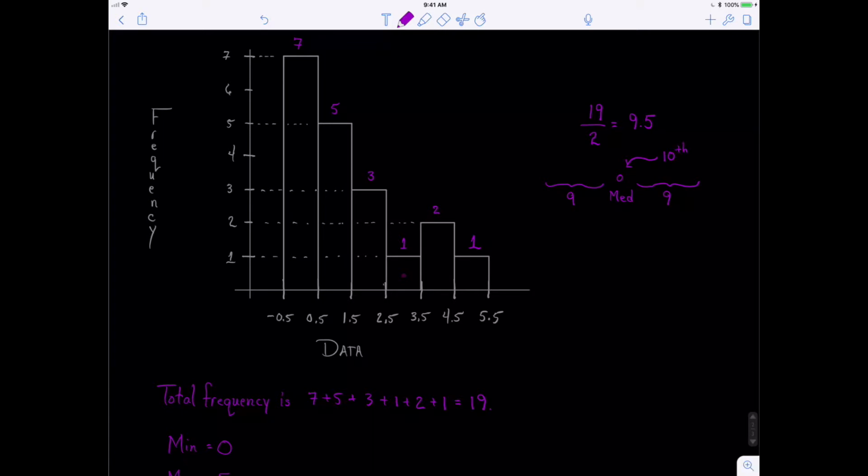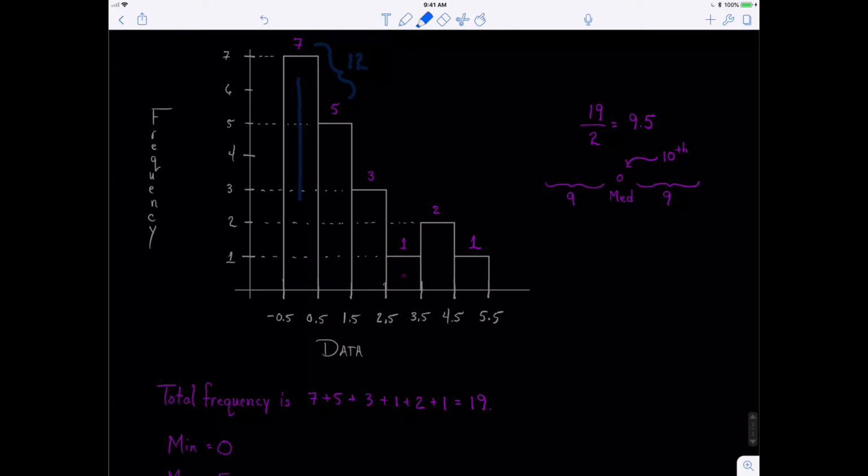So let's take a look. If we follow over here, in my first column I have 7 data values. I'm looking for the 10th, so obviously the 10th value does not lie in the first bin. Now if I go to the next bin, that has 5 more. So by the time I've looked at the first 2 bins, I've looked at 12 data values.